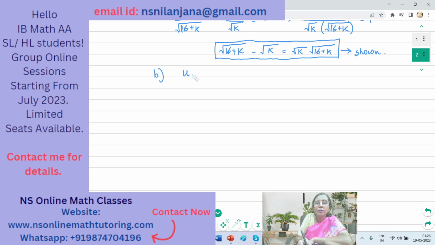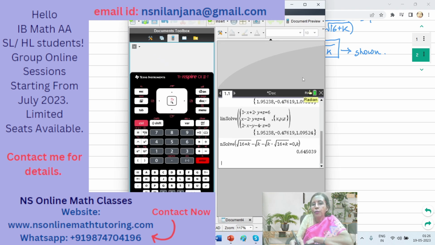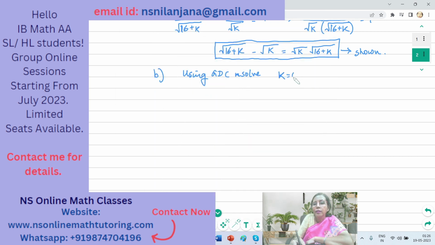So using solve on the GDC, k is equal to 0.645 up to 3 significant figures.